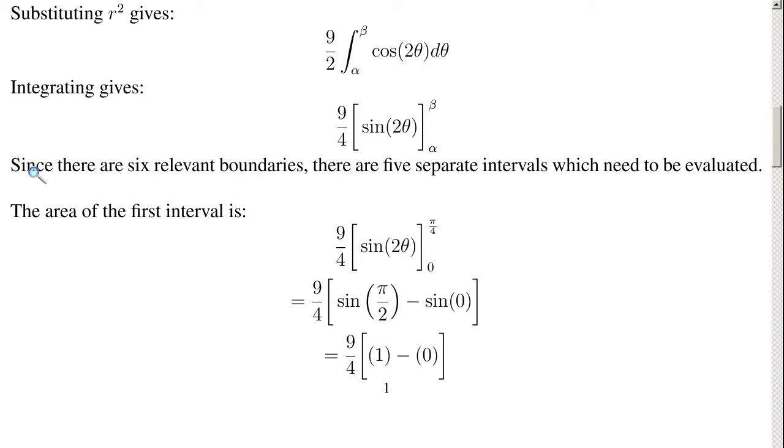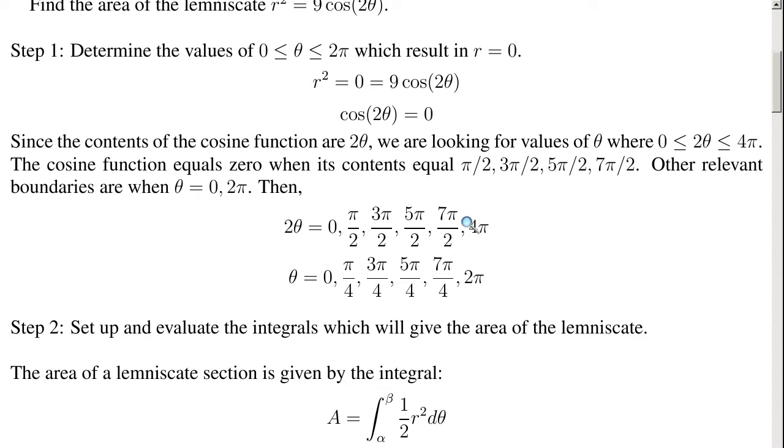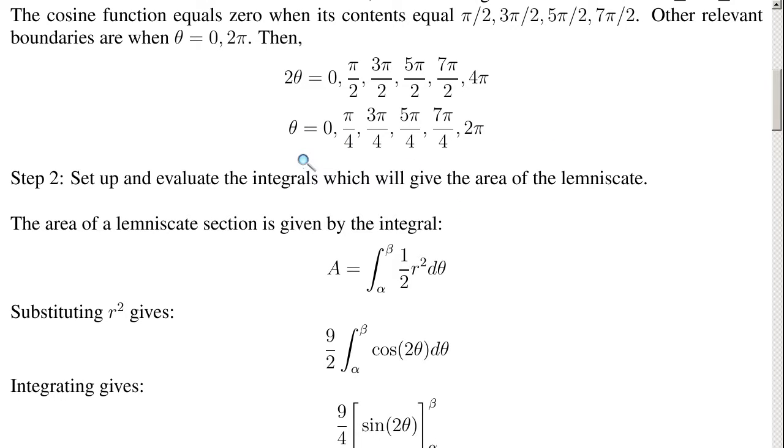Since there are 6 relevant boundaries, there are 5 separate intervals which need to be evaluated. So we're going to use this 9 over 4 sine 2 theta, beta alpha, 5 times over. Once again, what are alpha and beta? Well, we found it here, where the limits are 0, pi over 4, 3 pi over 4, 5 pi over 4, 7 pi over 4, and 2 pi.